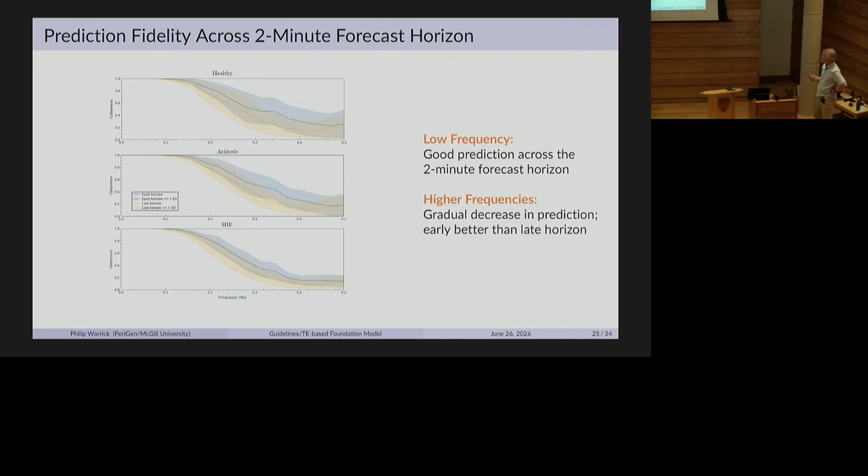It's the higher frequency, and the further away you get into the forecast horizon, that it becomes basically there's predictable things and there's unpredictable things, and it's kind of a spectrum. What's reassuring here is it's a graceful fall off.